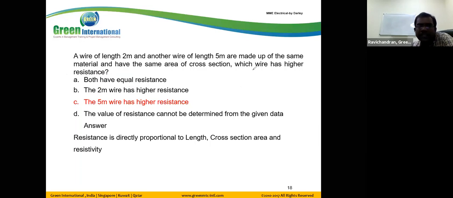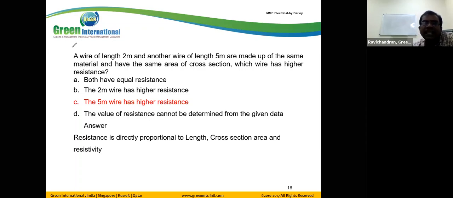In this question paper, just read the question. They have wires having the same cross-sectional area and the same material. So R is equal to rho L by A. Rho is the same, as the two different wires have the same material, and the two wires have the same cross-sectional area. That means the resistance of the two wires is directly proportional to the length alone. So the question is, which wire has the higher resistance?